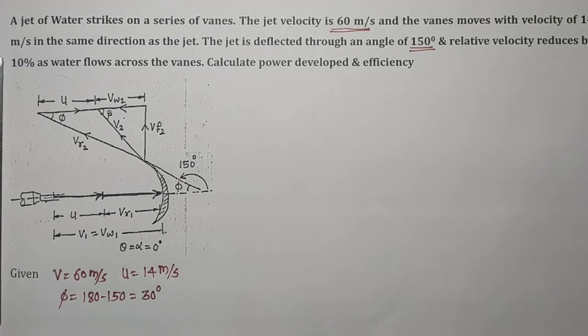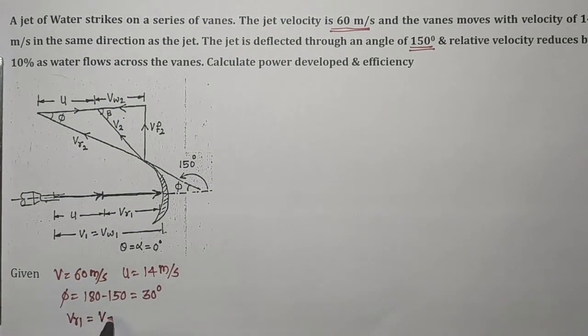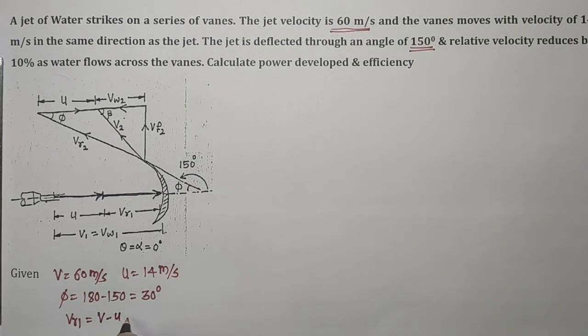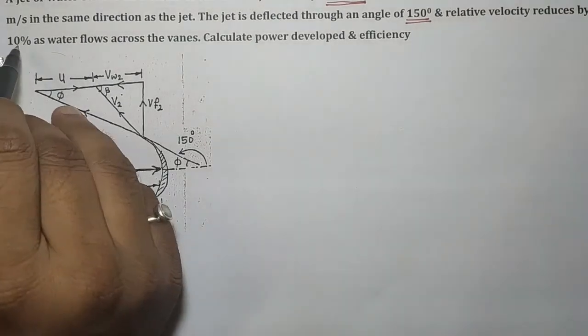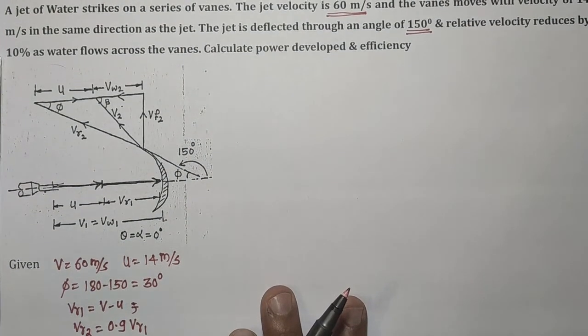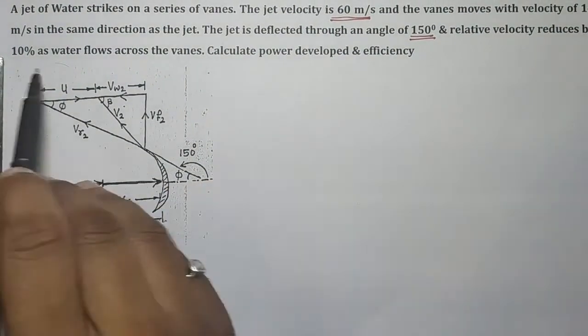The relative velocity is reduced by 10%. This means that if the inlet relative velocity VR1 is equal to V minus U, then the relative velocity at the exit will be VR2 equal to 0.9 of VR1, because it is given in this numerical that the relative velocity is reduced by 10%.